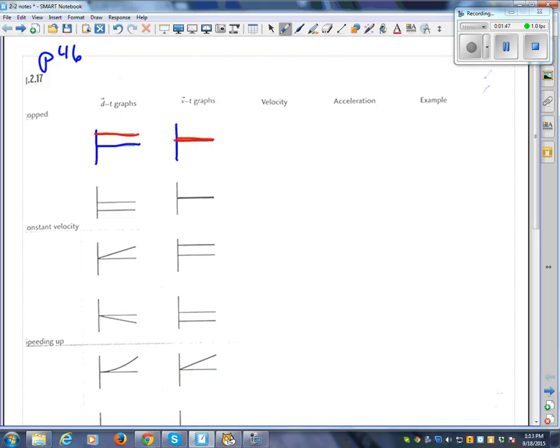The vt graph is right at zero. So a flat dt graph gives you a flat vt graph right at zero. And that means then that the velocity is equal to zero. And if the vt graph is flat like that, then that means that the acceleration is also zero, right?